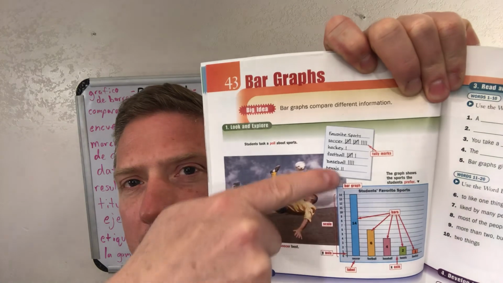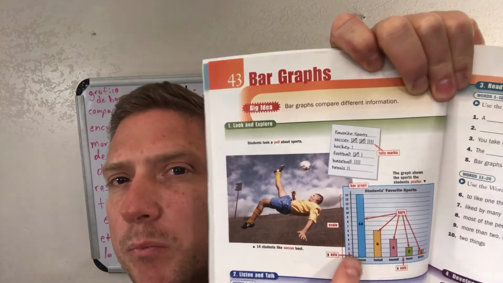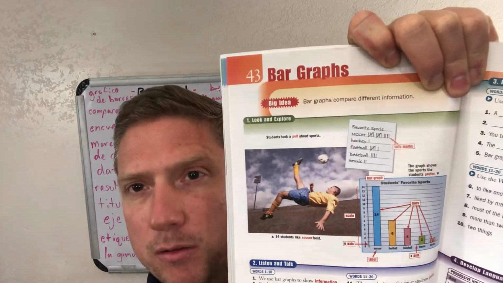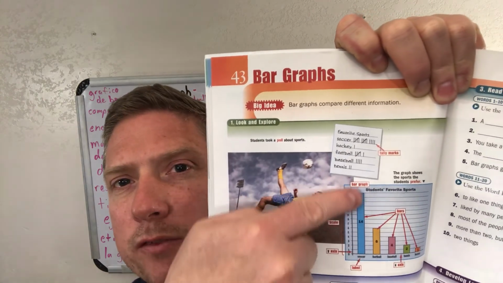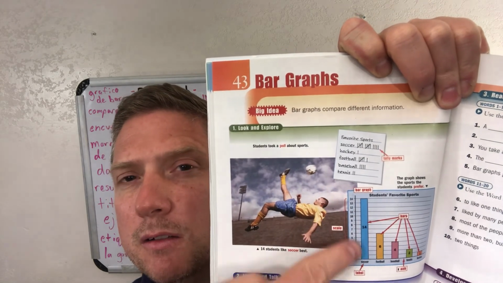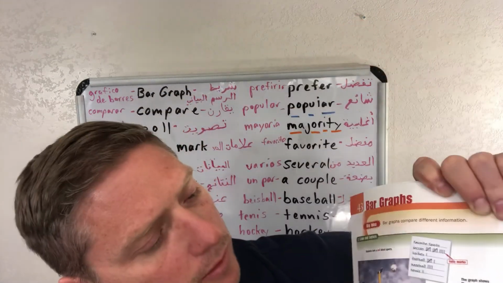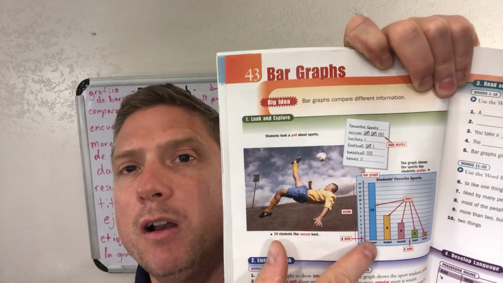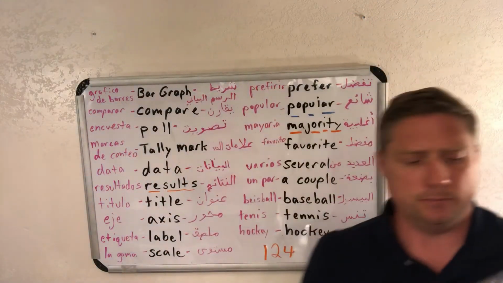So here's our scale. And each bar stands for, like, represents, the number of students in total. And so here we have 14 students chose soccer as the favorite.